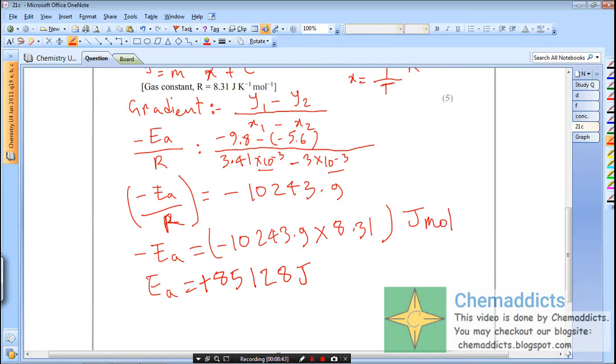Sorry fellas, the unit for activation energy is joule per mole. So this is your answer: we have found the activation energy in joule per mole.